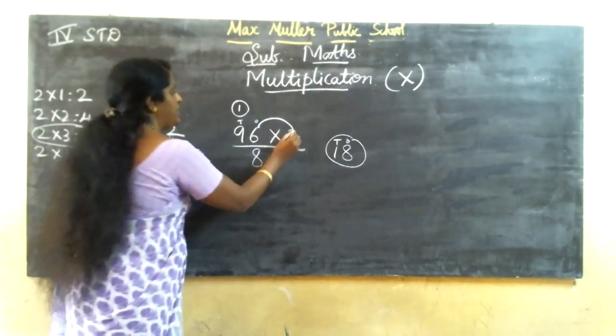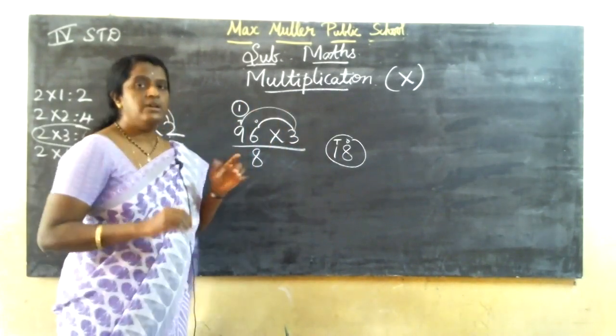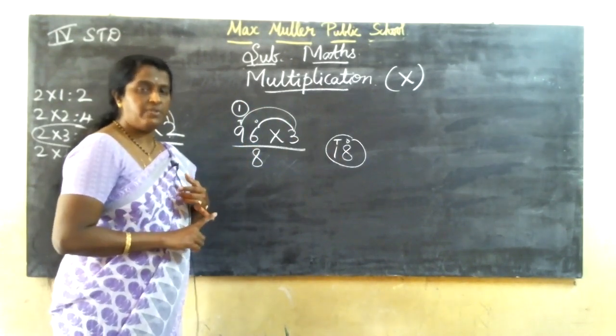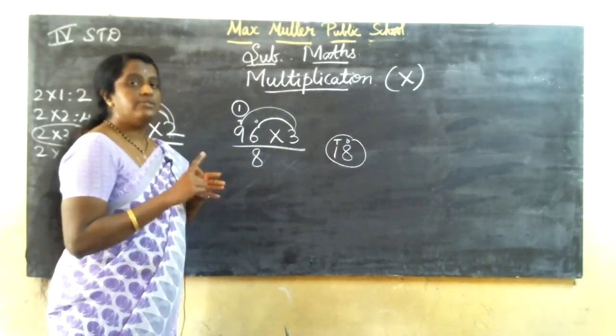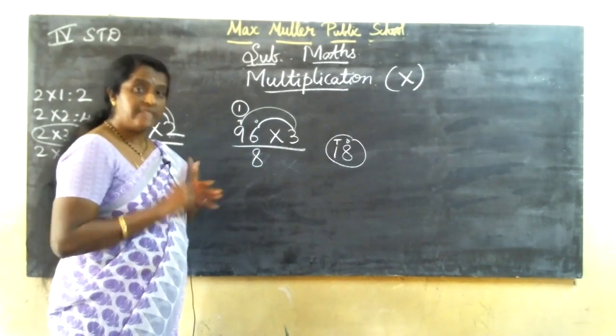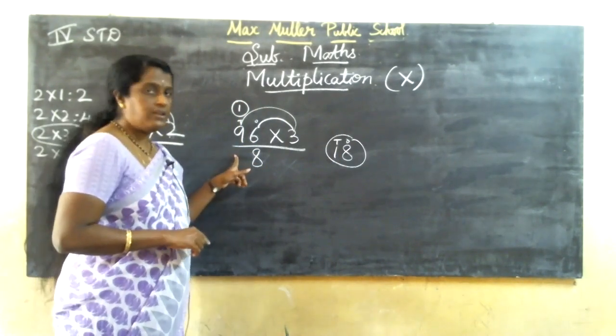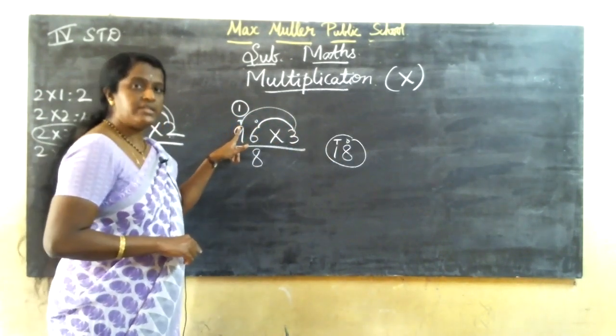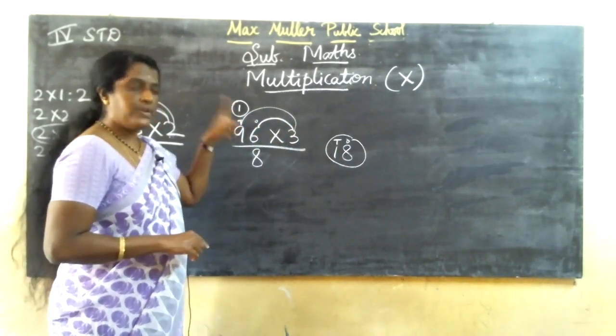So 3 nines are how much? Say 3 ones are 3, 3 6s are 18, 3 sevens are 21, 3 eights are 24, 3 nines are 27. Can I write 27 here? No, plus 1 is there. 3 nines are 27, plus 1, 28.